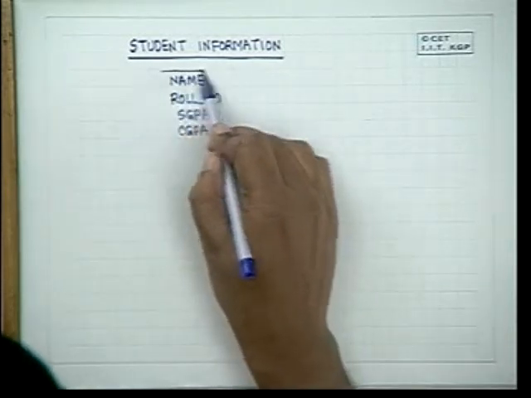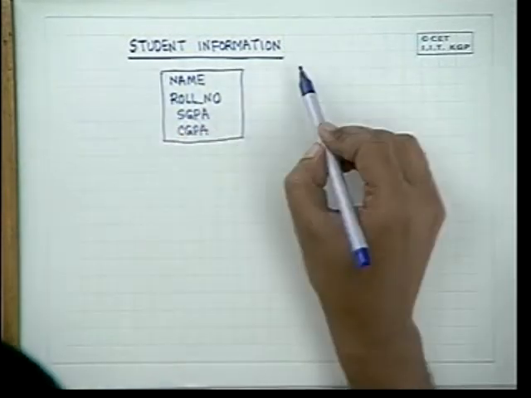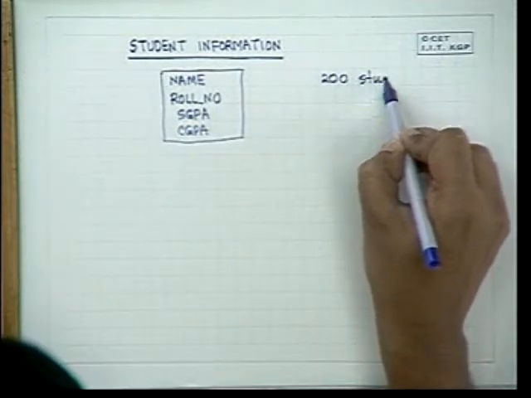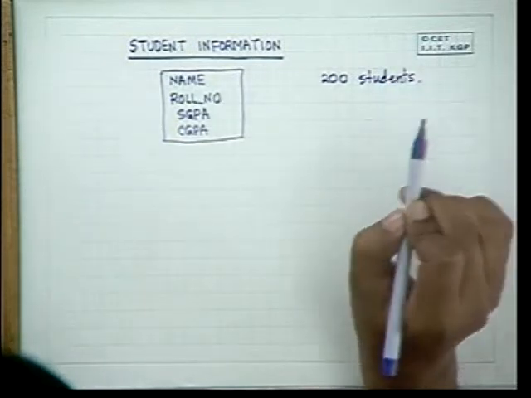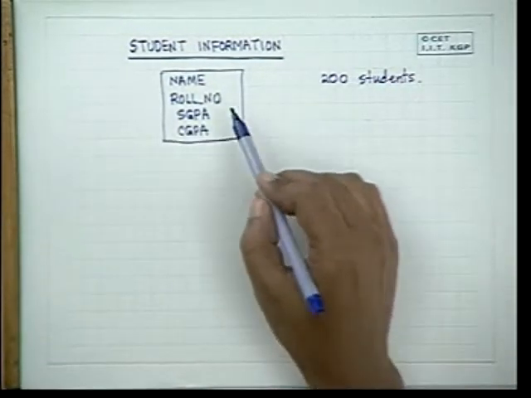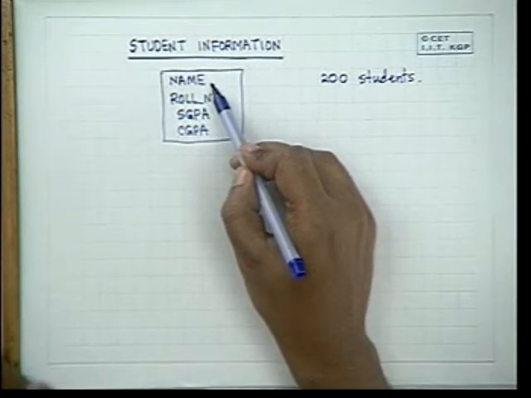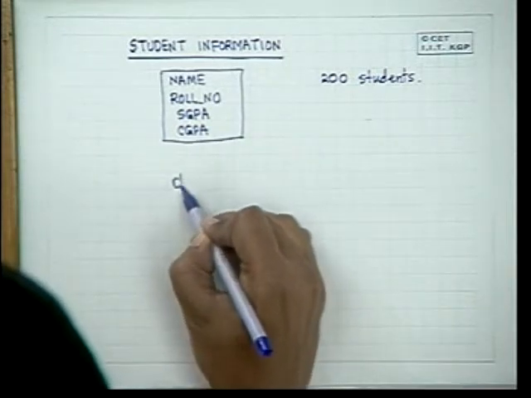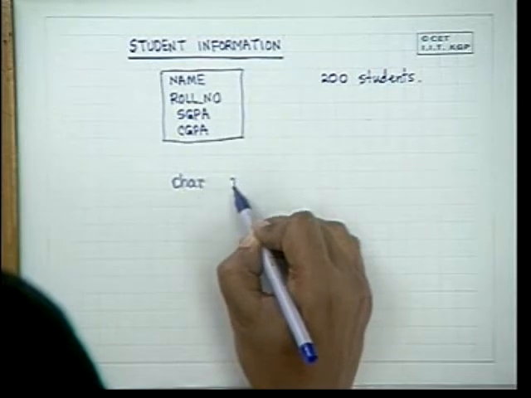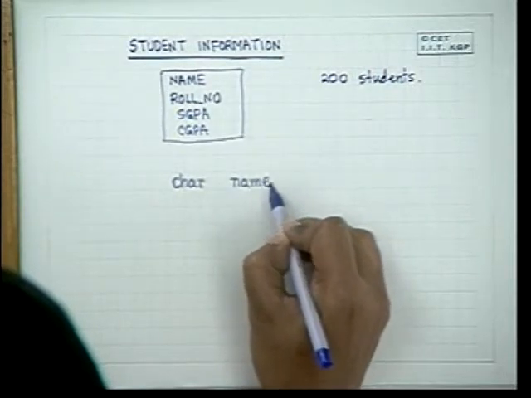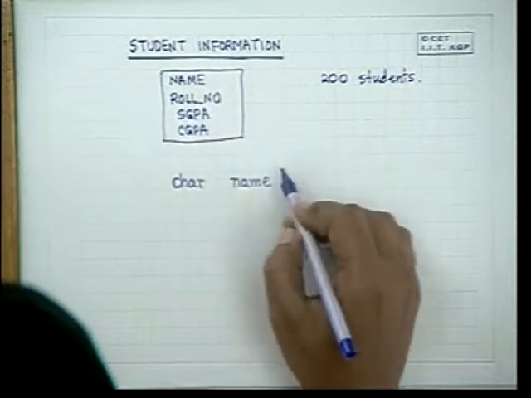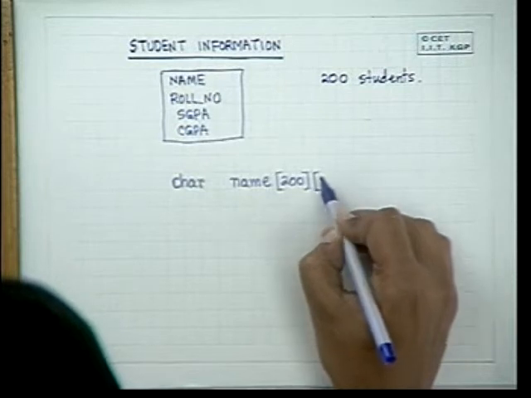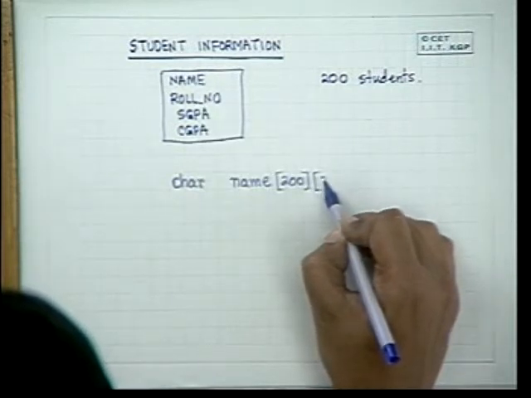Now let us see how we would go about doing this. Let us say we have approximately 200 students. Then we would individually define name to be an array of character strings, isn't it? So we would define name something like this. It would be 200 students, and each would be an array of character strings, say 20.